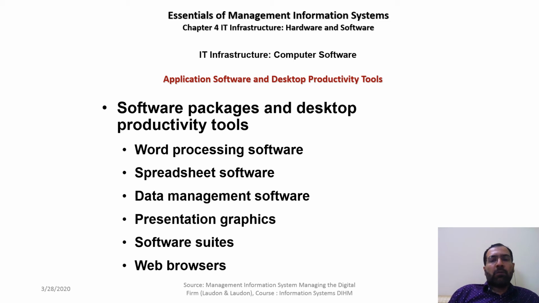And if you want data to be organized, then you need data management software where you can have tables and manage the data, you can have the interface, and you can generate some sort of outputs as well. Then you need presentation graphics. Of course, you want to present that data in different formats. For that purpose, you need presentation tools so that you can display in terms of graphs, figures, waves, or whatever you want to have.